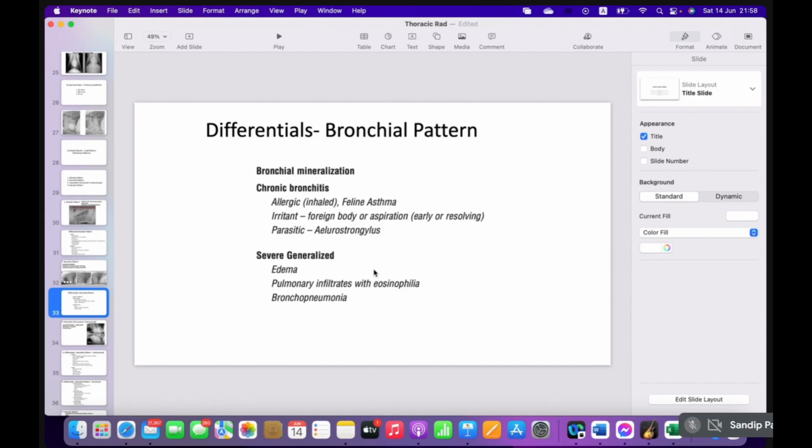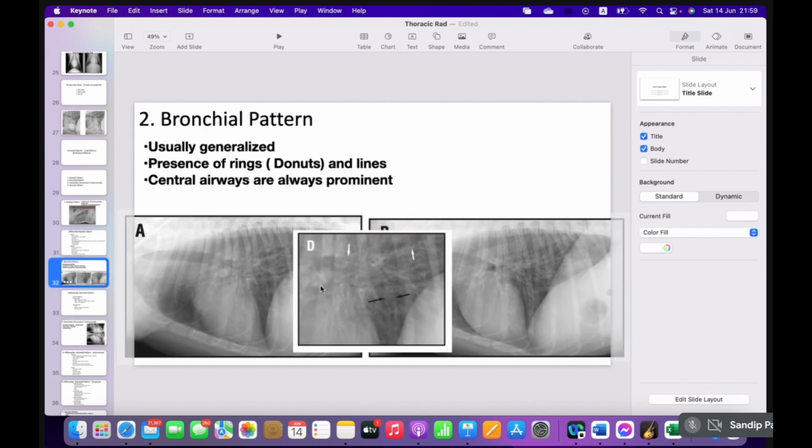So if we see this pattern in cats, we have to think about treating them for feline asthma, if we can rule out other conditions properly. So it is really easy to rule out the bronchial pattern if we try to look in a very minute way.